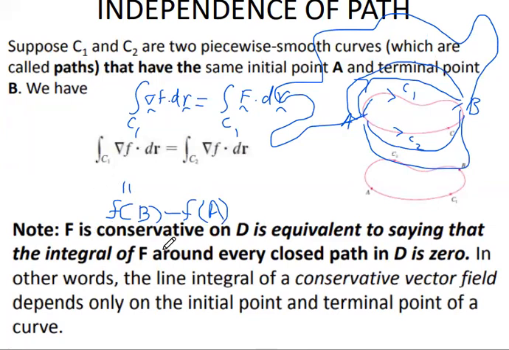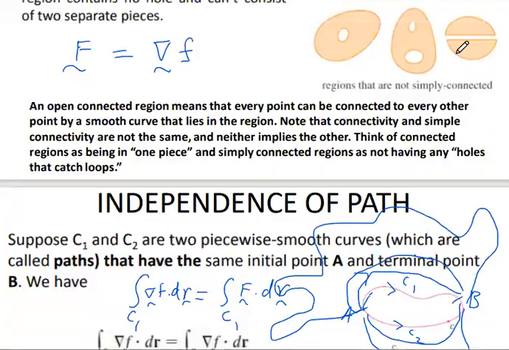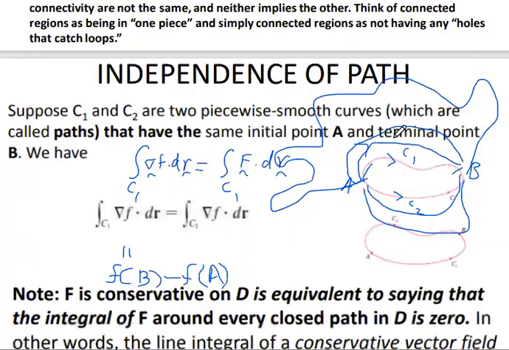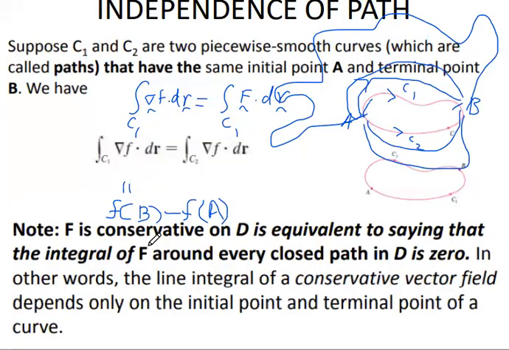If the field is conservative, defined on a simply connected domain, with curl of f equal to 0, then the integral of f does not depend on the path. It depends on the starting point and the ending point.